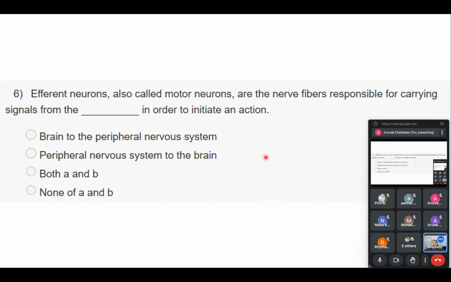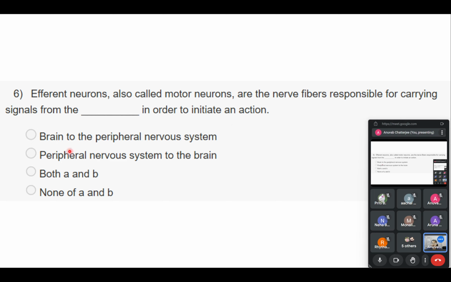Okay, next we change gears and are asking a different type of question. Efferent neurons, also called motor neurons, are nerve fibers responsible for carrying signals from the blank in order to initiate an action.